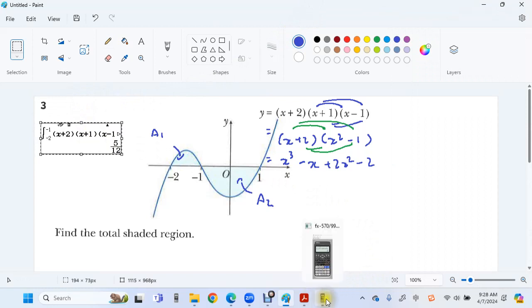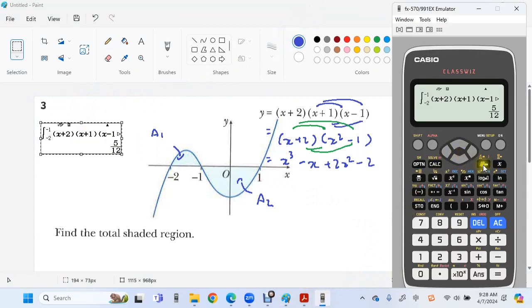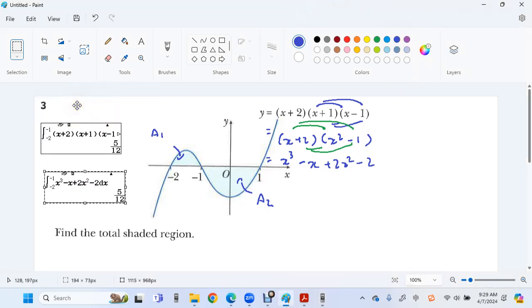If I do the same integration, so I integrate x cubed minus x plus 2x squared minus 2 from -2 until -1, I will get the same answer here.